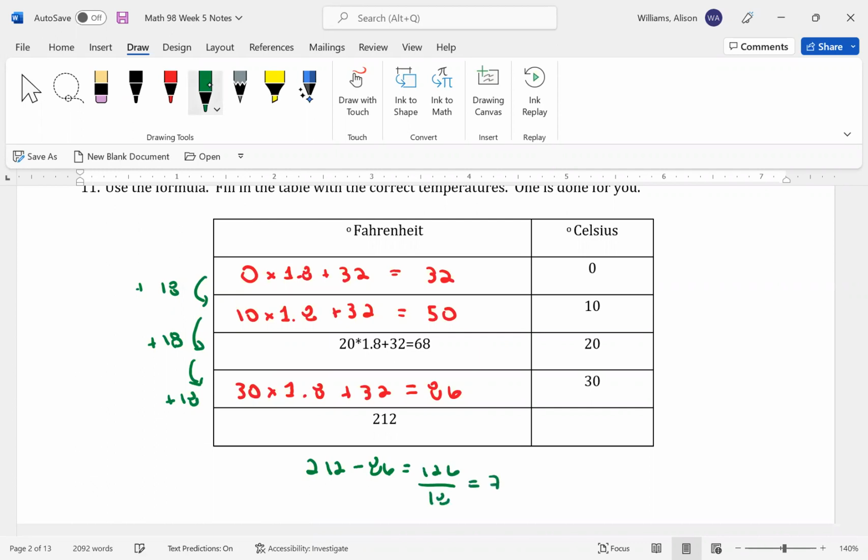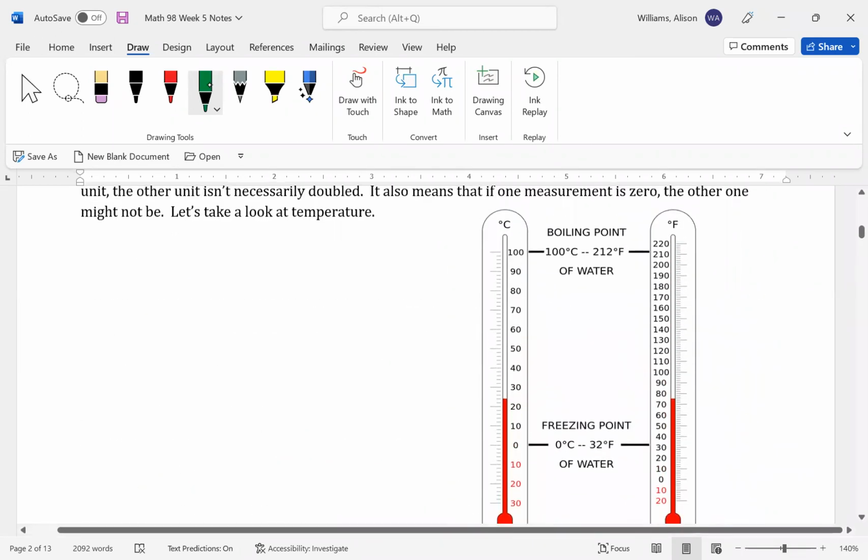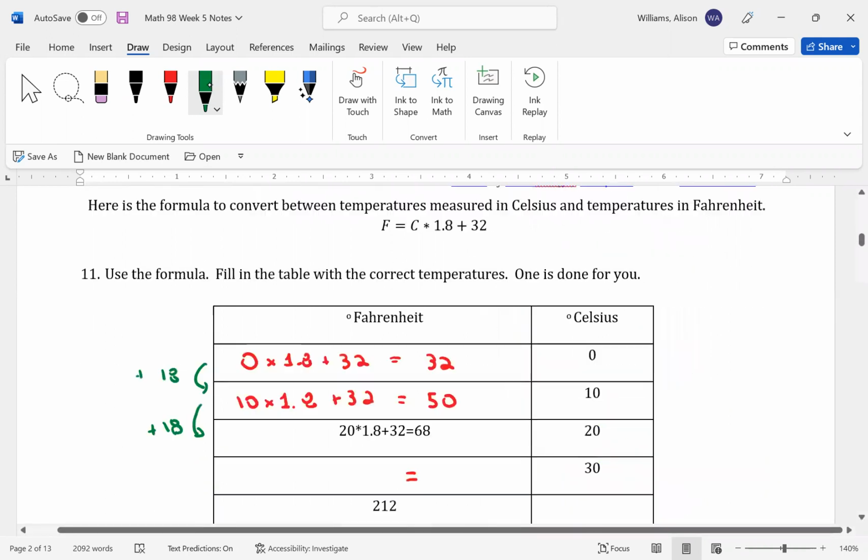So they had to add 18 7 times, which means they'd have to add 10 7 times. So adding 10 7 times means we get to 100. But again, really quick, we actually know that information. They gave that to us on the picture. 212 is 100 degrees Celsius. So they actually gave us that information.